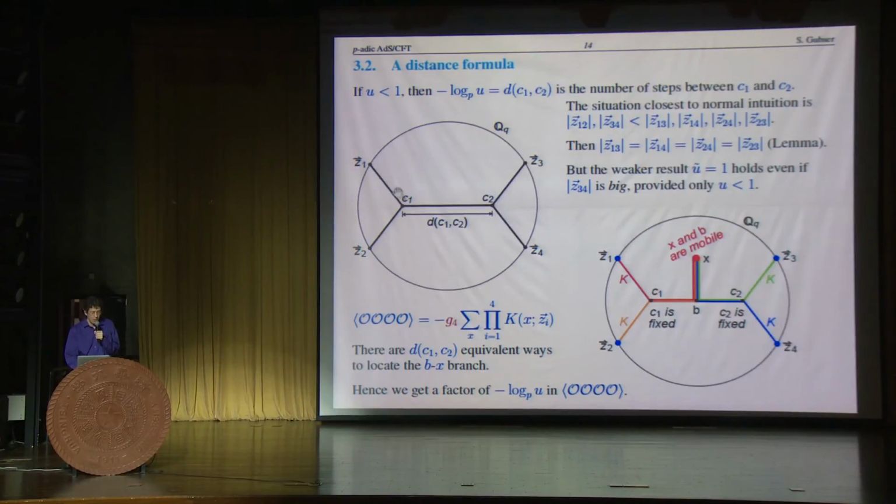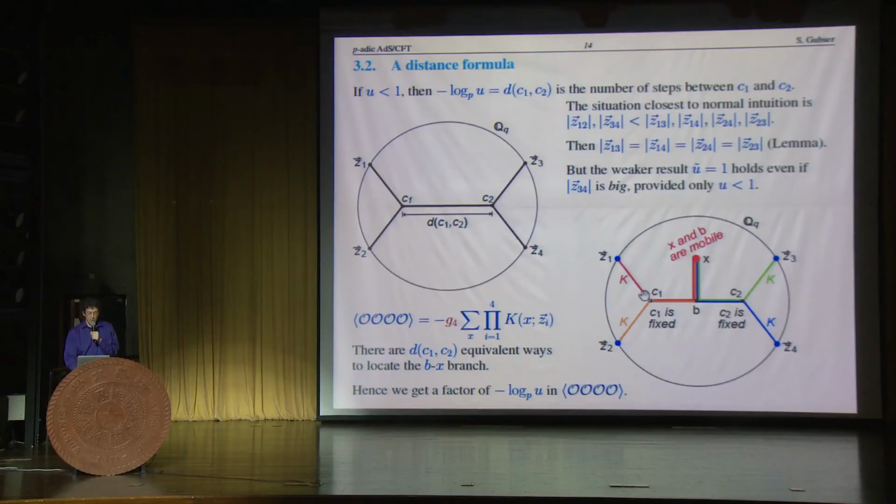And when you connect them on the tree, that is to say, when you connect them in the bulk, paths on the tree from z1 to z3 and from z2 to z4 run together. They coincide for many steps. The number of steps along which they coincide equals minus the log of u. And now you can see why there's a log in the 4-point function.